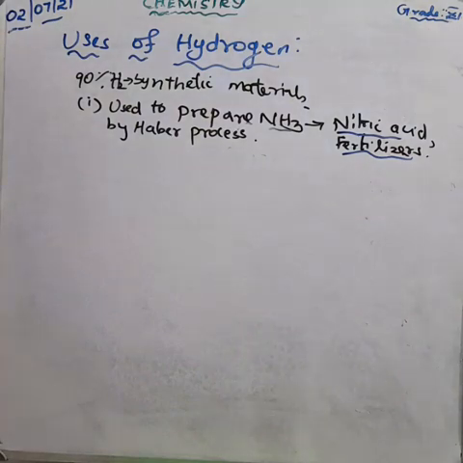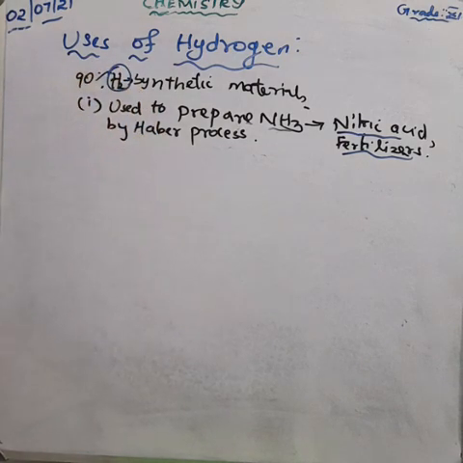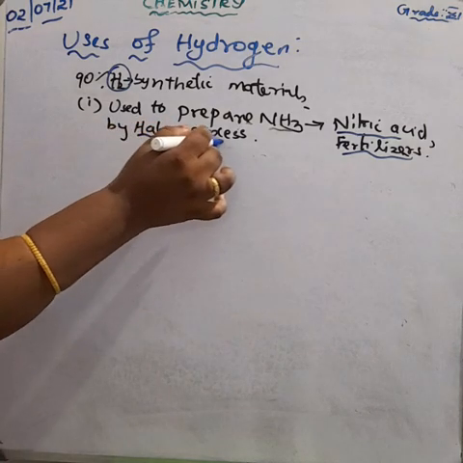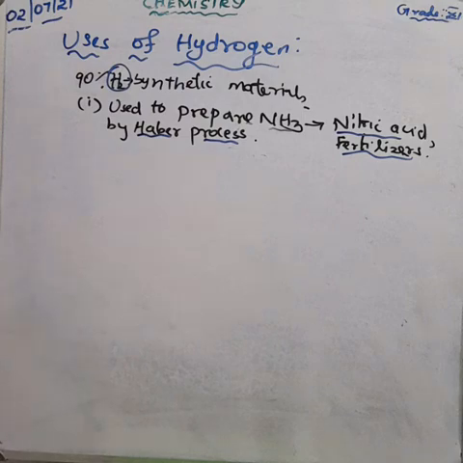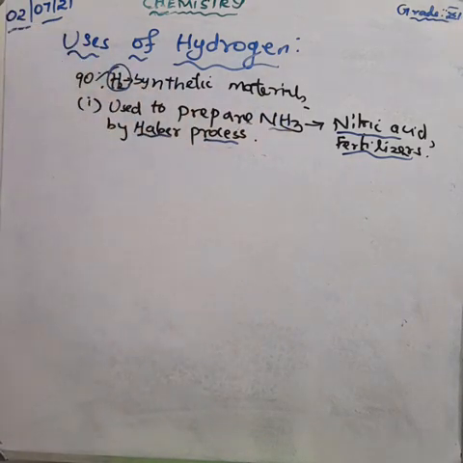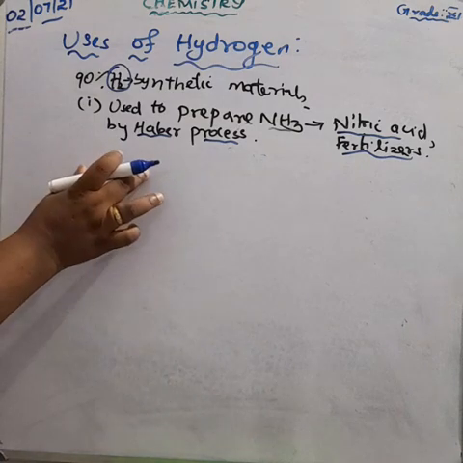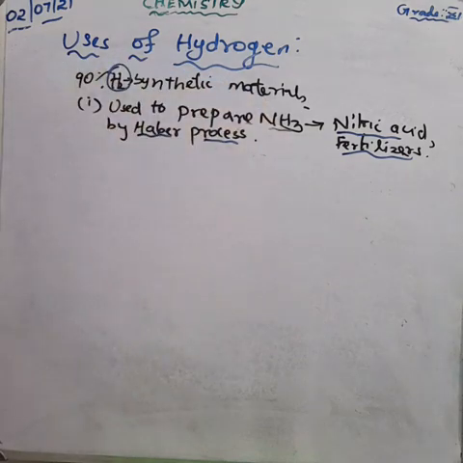For preparing ammonia we have to use hydrogen. This process is named the Haber process. We prepare ammonia by using hydrogen and nitrogen. By the combination of nitrogen and hydrogen, we can prepare ammonia. This process is known as the Haber process.